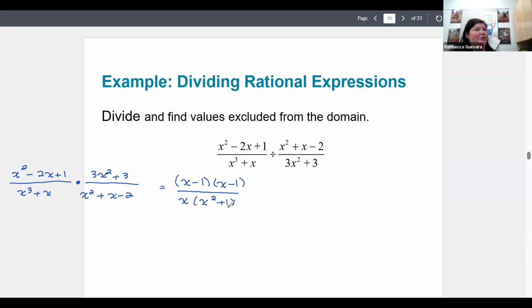This doesn't factor any further because it's not a difference of squares, it's an x squared plus 1. Here we can pull out a 3, so we have 3 times x squared plus 1. Once again, that cannot be factored any further. And then x squared plus x minus 2, that would have to be x plus 2 times x minus 1.